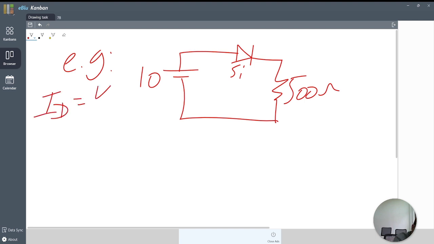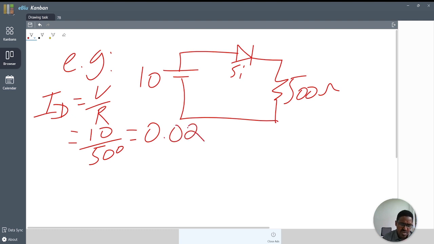ID becomes V over R, 10 over 500 ohm. When you calculate 10 divided by 500, it becomes 0.02, which means 20 milliamperes. That is the maximum current.